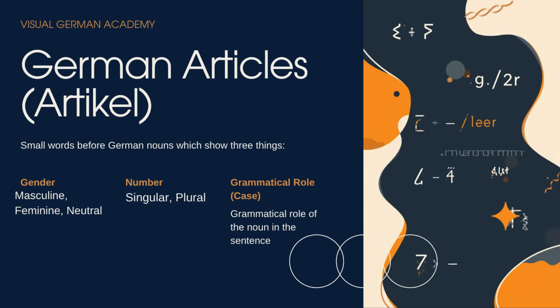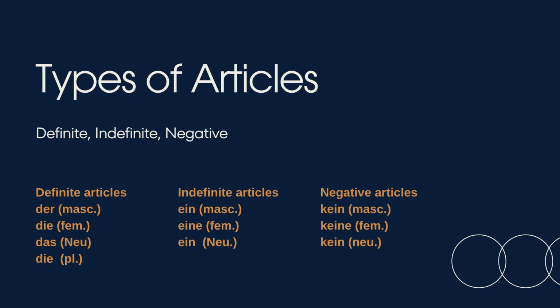We have three genders in German nouns: masculine, feminine, and neutral. Masculine shows male animals, male people, and some things. Feminine articles show female people and female animals. The neutral is for things.